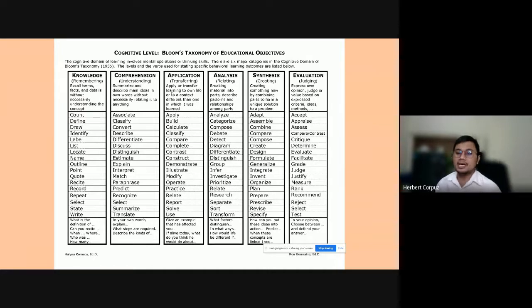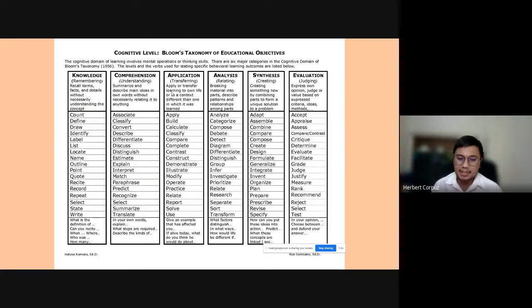For example, in your own words, define photosynthesis. If you can define photosynthesis in your own words and you did not just merely recite a given definition based on a book or the textbook, then that would mean that you have that understanding level or comprehension level.